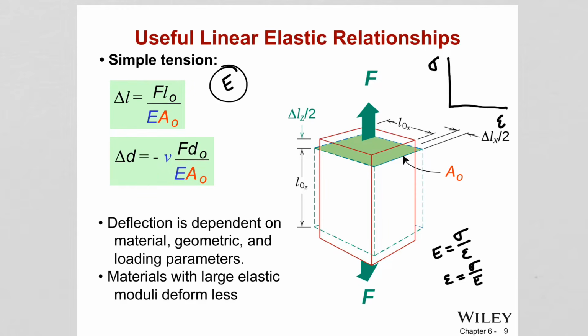Initially the material always deforms elastically, which means a recoverable deformation, and there is a linear relationship. Stress and strain are proportional, and the proportionality constant is E, which is also the slope of the stress-strain curve.